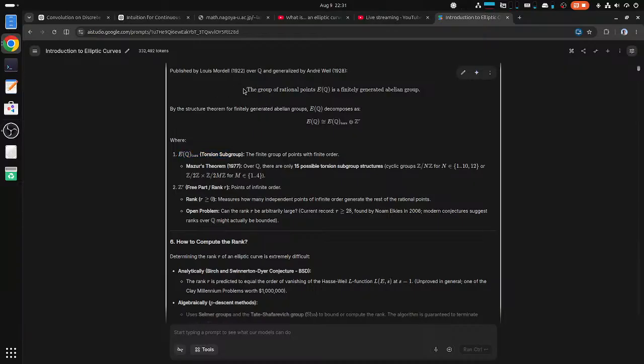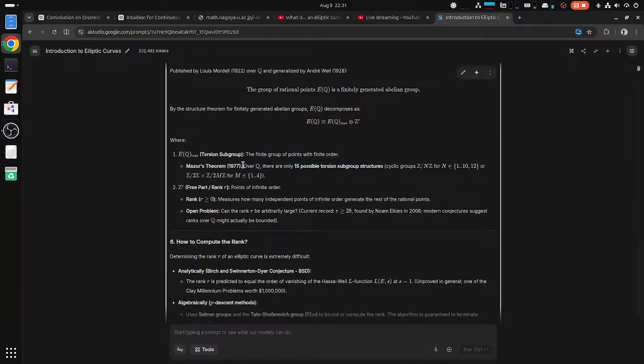So for the rational points E(Q), we are taking the torsion subgroup of E(Q), the finite group of points with finite order. By Mazur's theorem over Q, there are only 15 possible torsion subgroup structures.